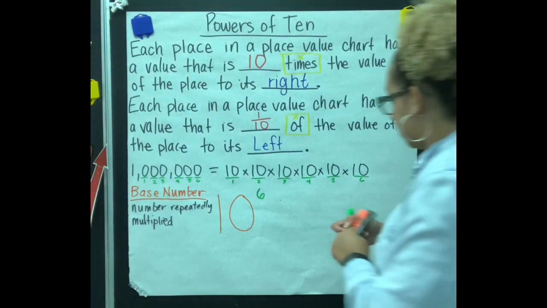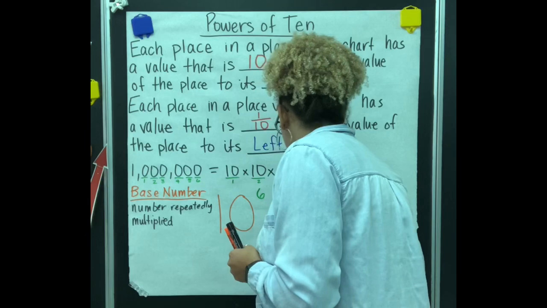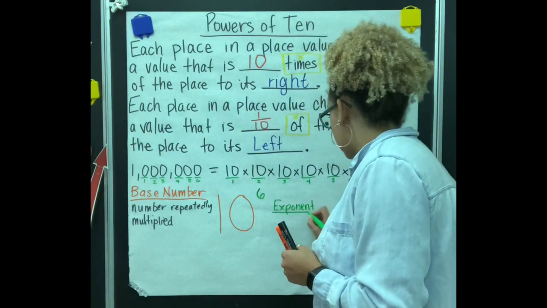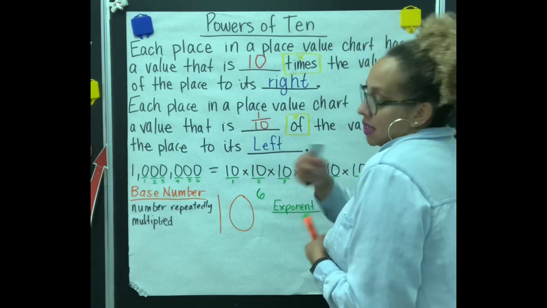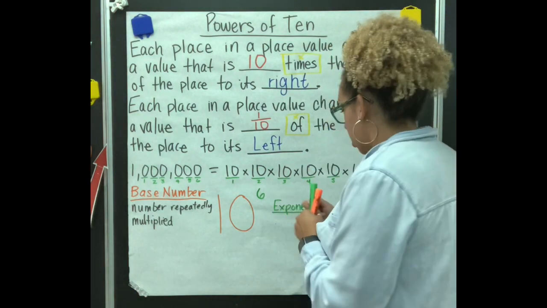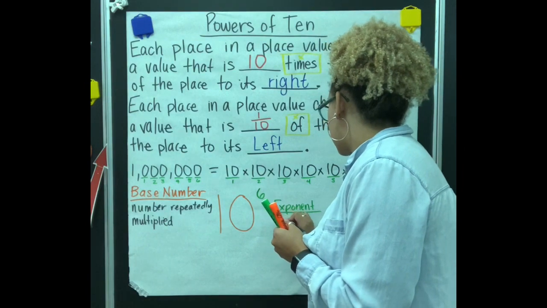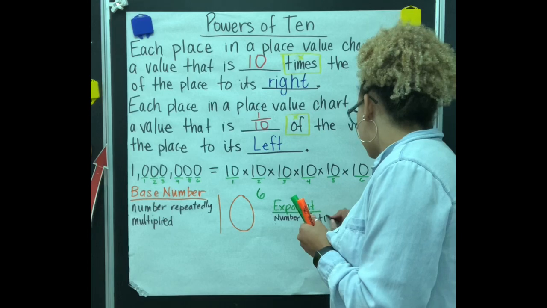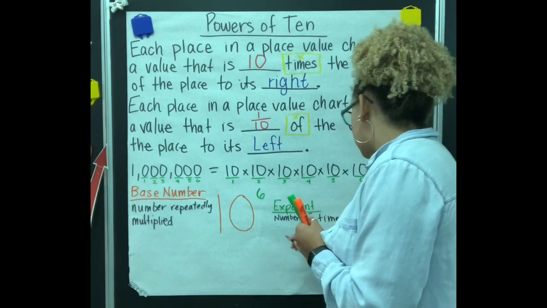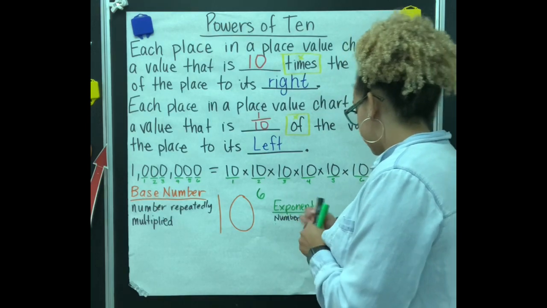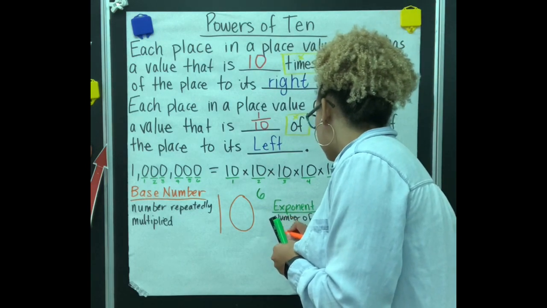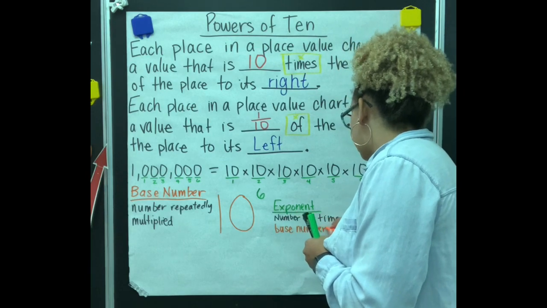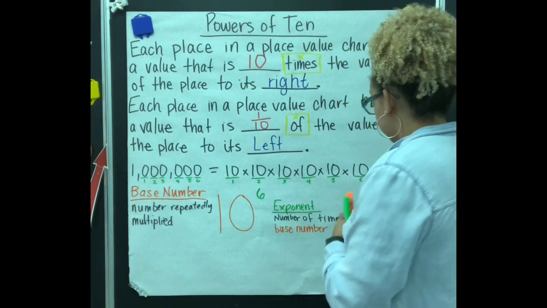Our exponent, the tiny baby number that rides on its shoulder, is the number of times the base number is a factor.